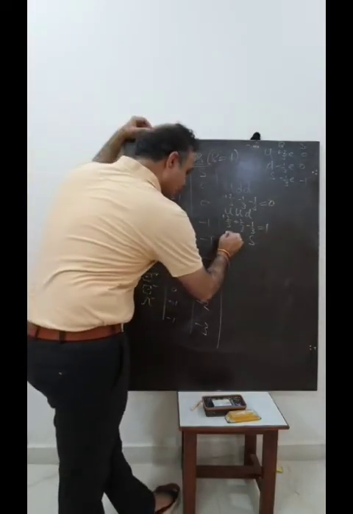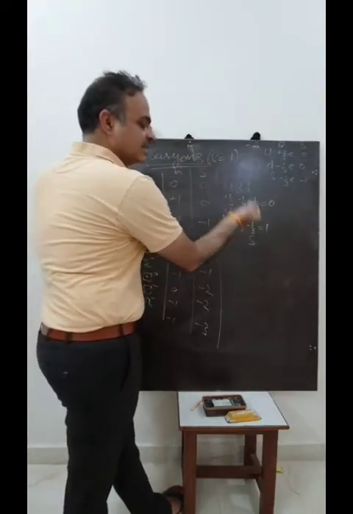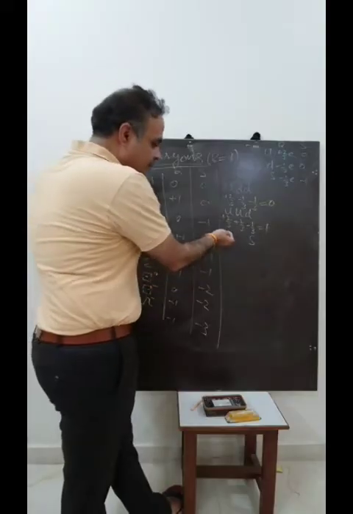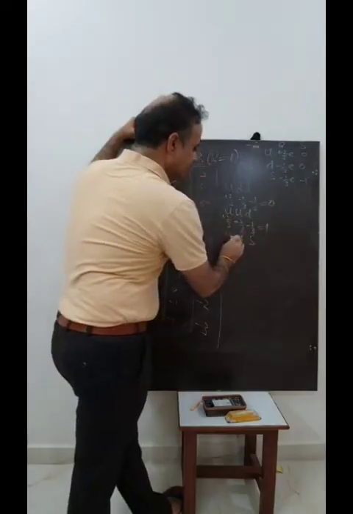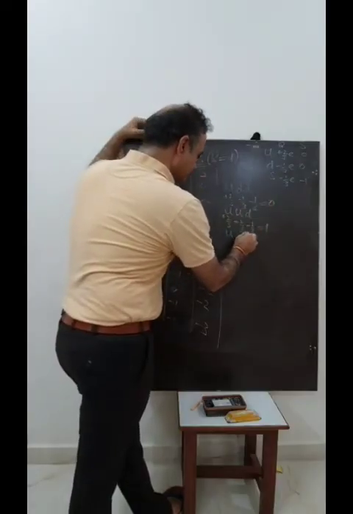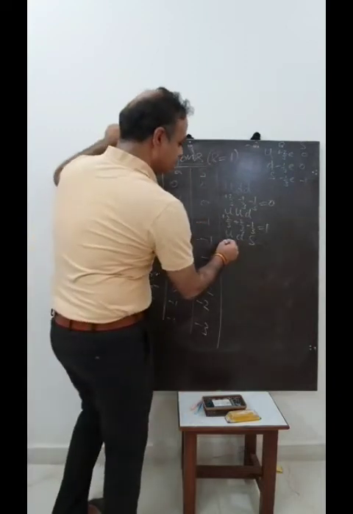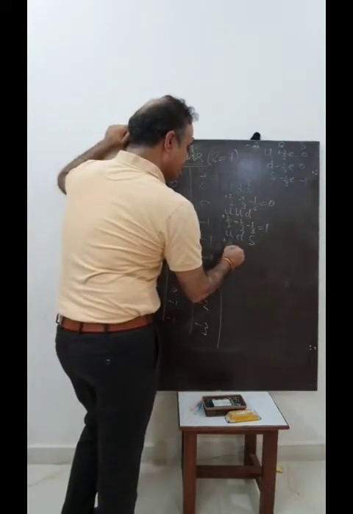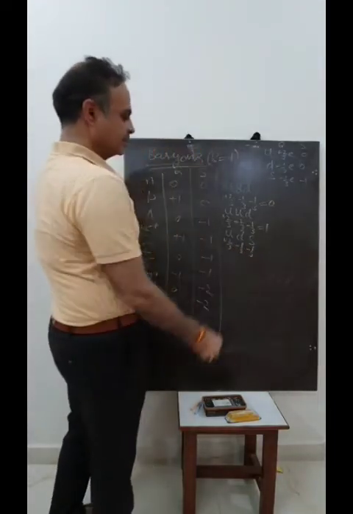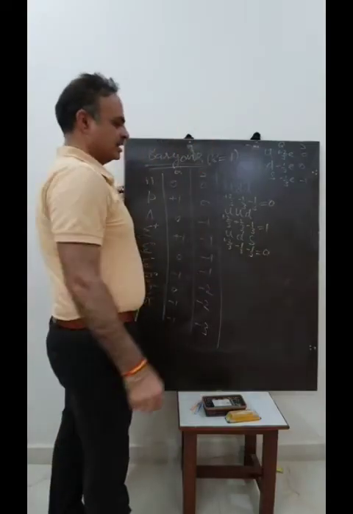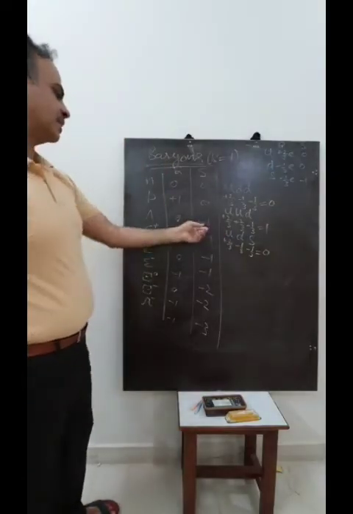Since U has positive charge and D and S have negative charge, to neutralize I must take U. So U, D, S. UDS has plus 2 by 3 charge, minus 1 by 3 charge, and minus 1 by 3 charge, and the sum is 0. And strangeness is 0, 0, minus 1, so strangeness is minus 1.